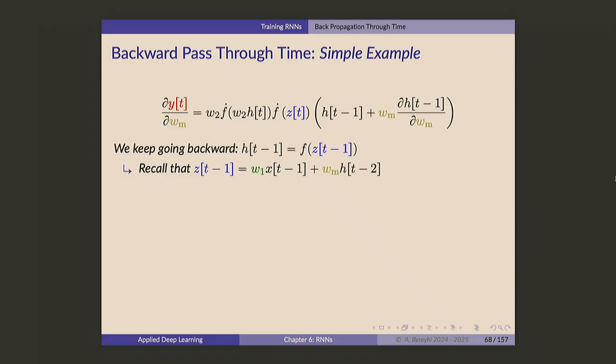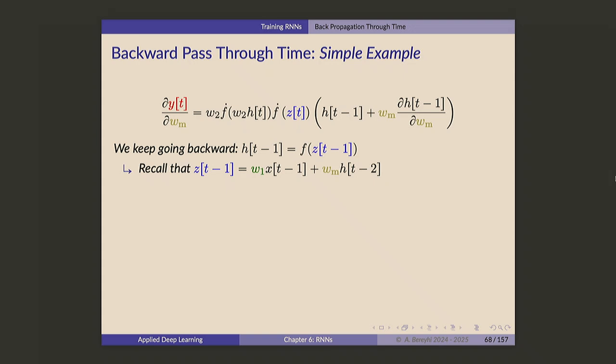Basically, I do the same thing. I'm going to write down ht minus 1, written in terms of ht minus 2 and xt minus 1 in this form. Now, what are the terms that are going to show up in my derivative? Look at ht minus 1. Is it a direct function of Wm? Yes, Wm shows up in its computation.